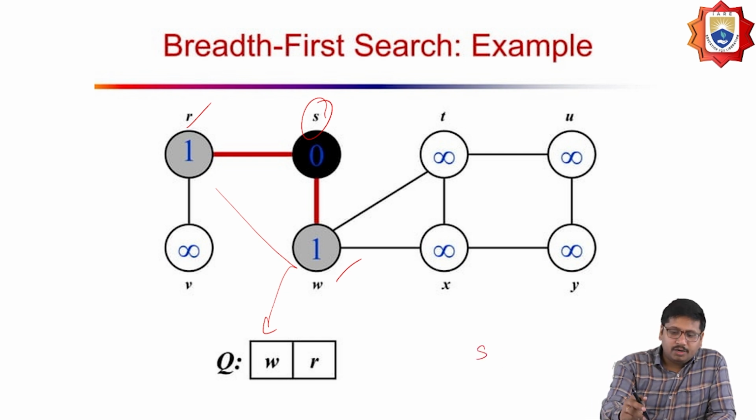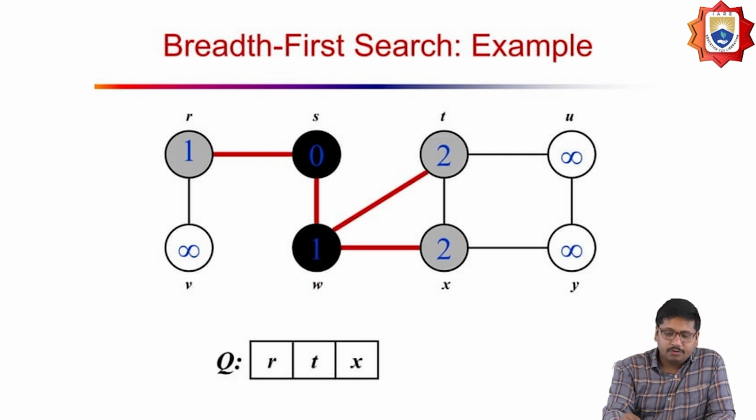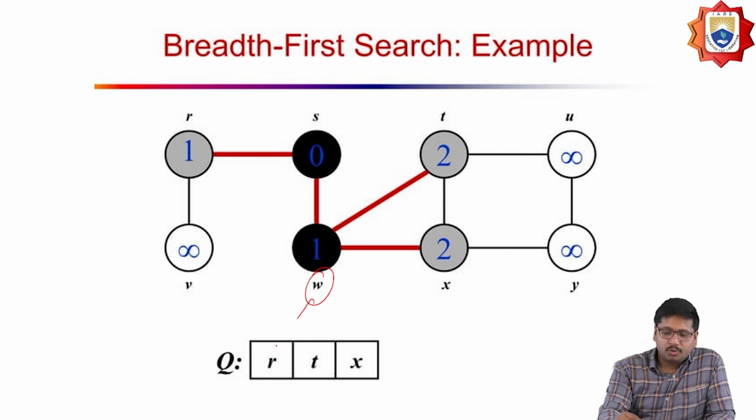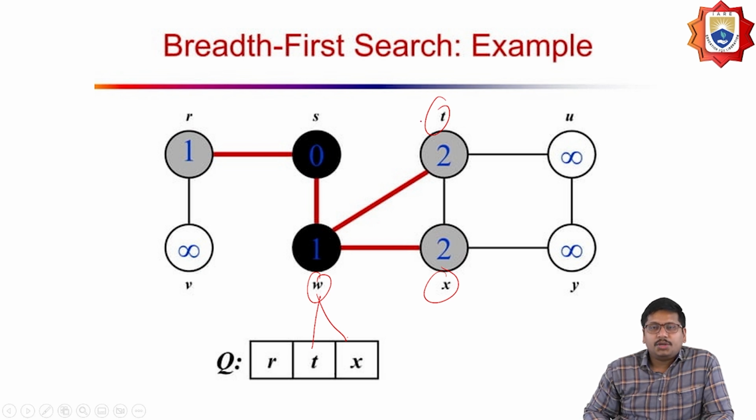Next we have to find the vertices that are adjacent to W. For this W, I have T and X. So T and X are pushed onto the Q here.